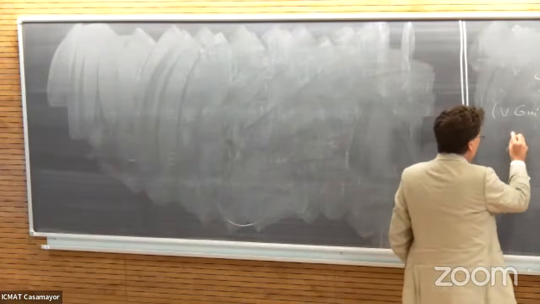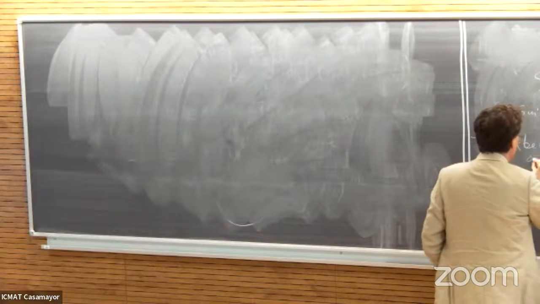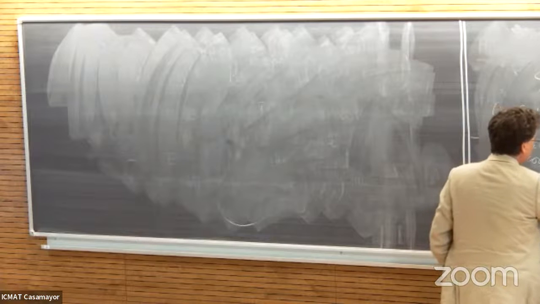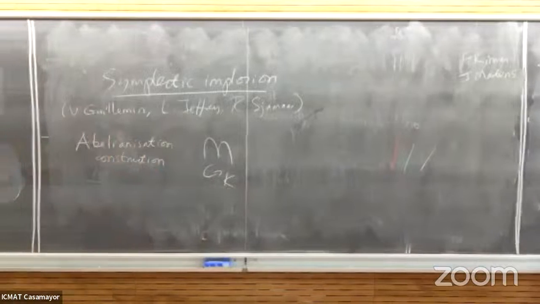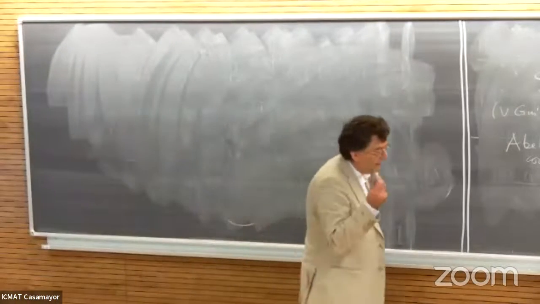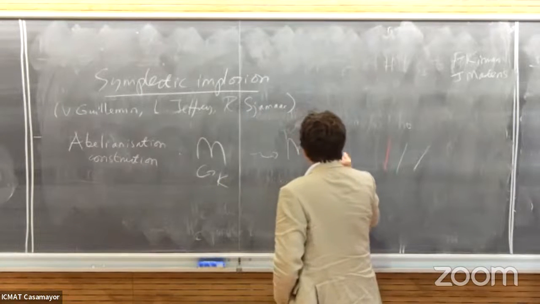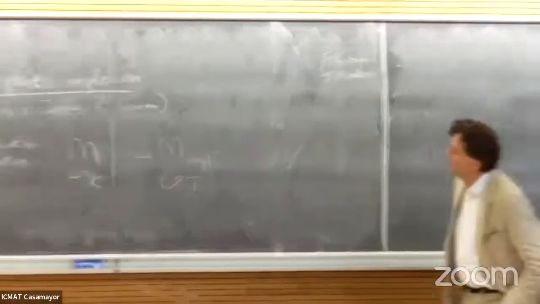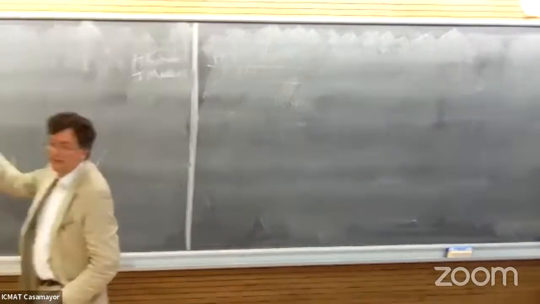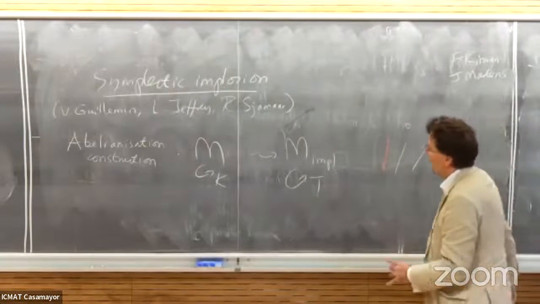I don't want to get into all the details, but it's an Abelianization construction. If we have a symplectic manifold with a symplectic or Hamiltonian action of a compact Lie group K, then we can form a new space called the imploded space, in a kind of canonical way, which has an action of the maximal torus. These two are related in various ways that I don't want to get into because they're not so relevant for the rest of the talk.